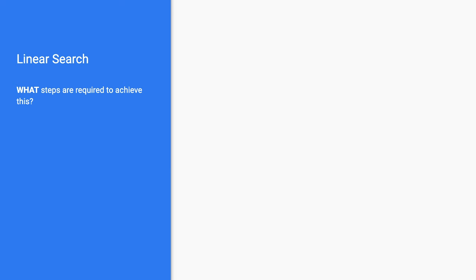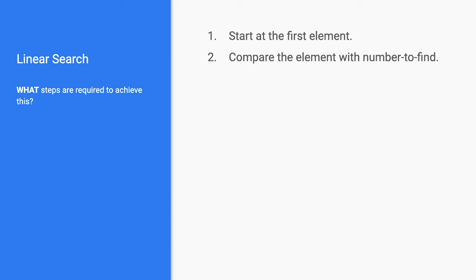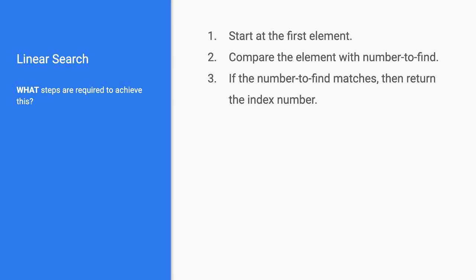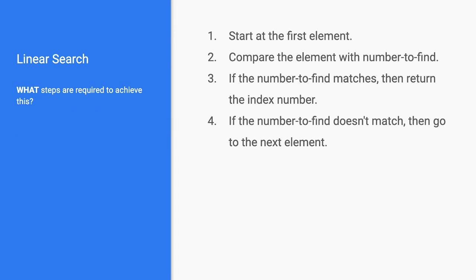Let's go ahead and write out the steps for my linear search algorithm. First of all, I'm going to start at the first element, and then I'm going to compare the element with the number that I am trying to find. If the number that I'm looking for matches, then I want to return the index number, and this is the end of my algorithm.